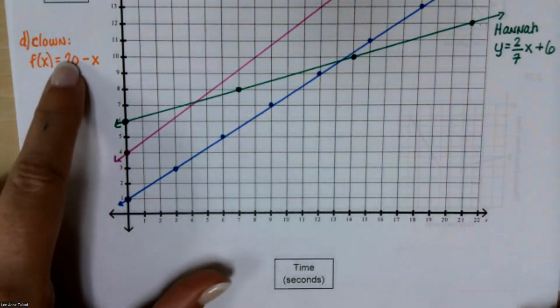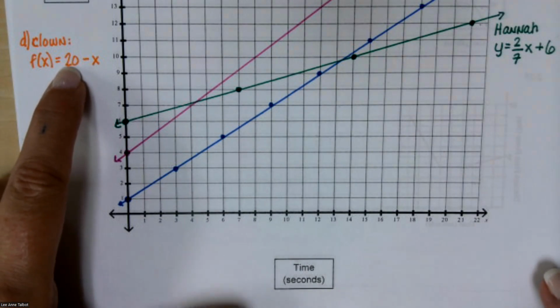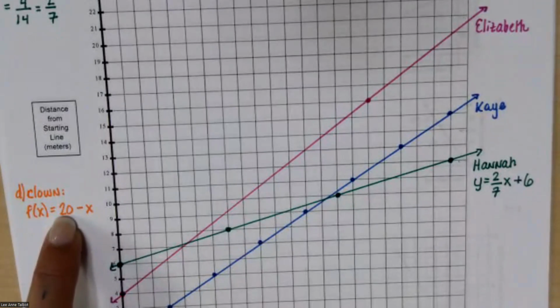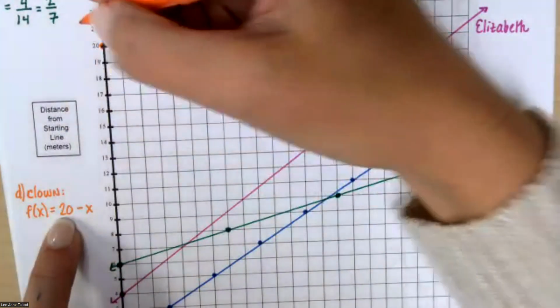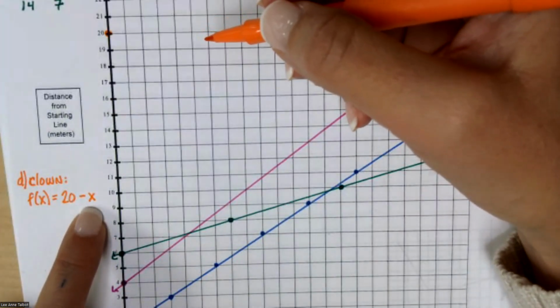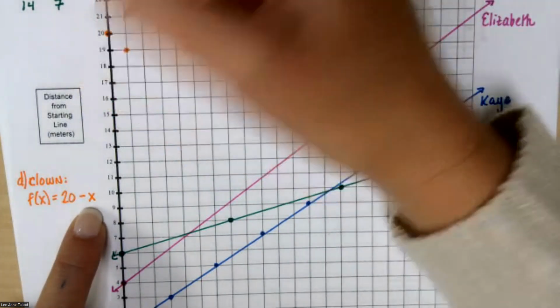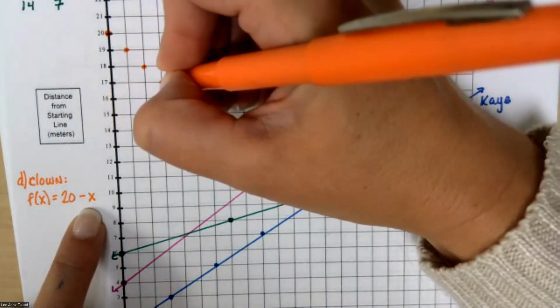But where did he start? At 20. He started at the finish line and rode backwards. So started at 20. Now, what was his speed? 1. So you're going to go back toward the finish line, 1 for every second, back toward the finish line for every second.